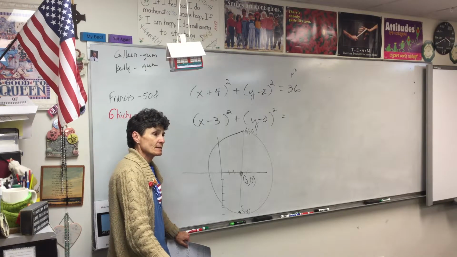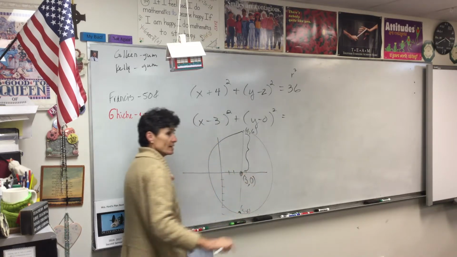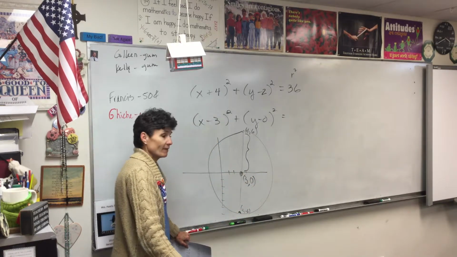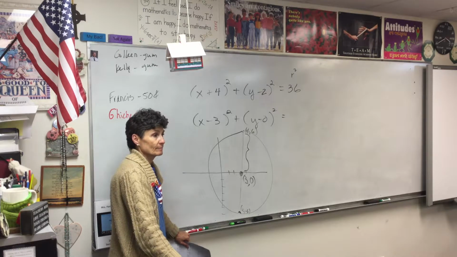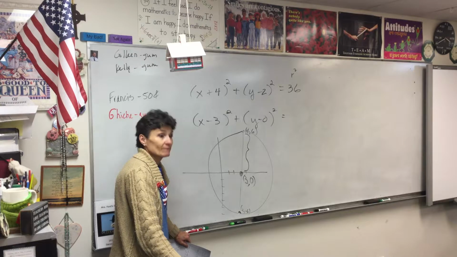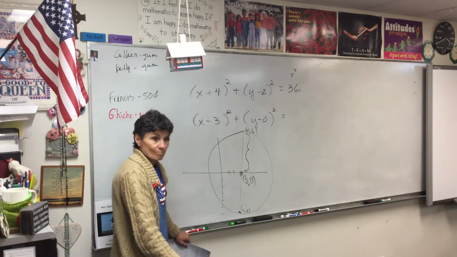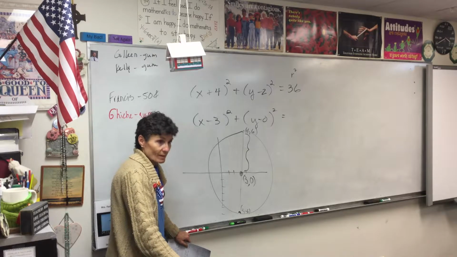Now, what's my radius? No idea. What am I going to have to do? Wouldn't this distance right here be the radius? How do I find distance? x2 minus x1 squared plus y2 minus y1 squared underneath the radical.